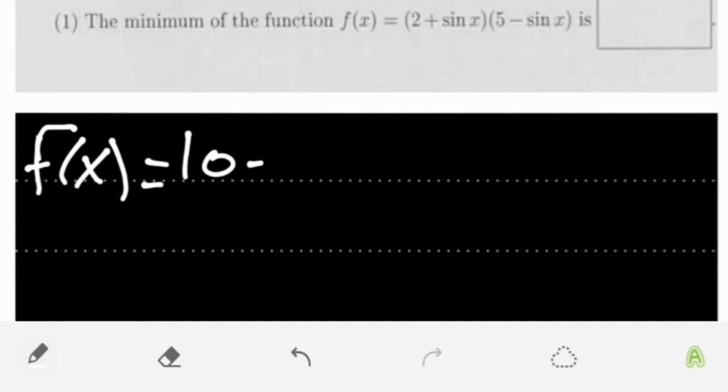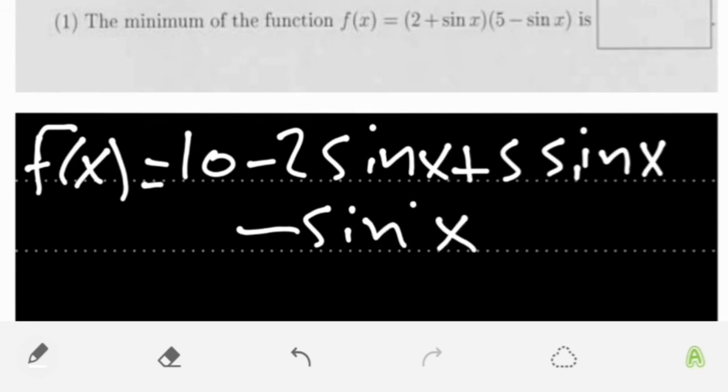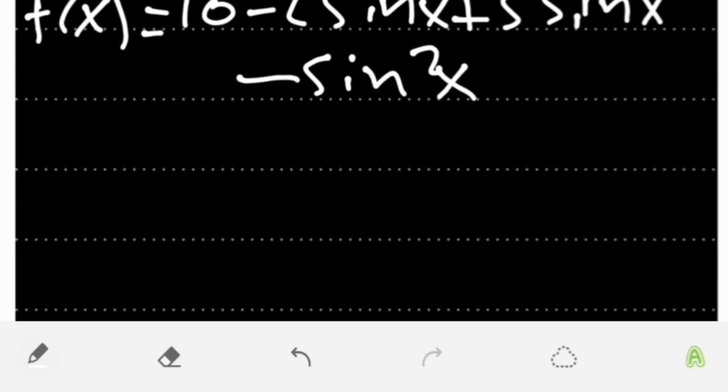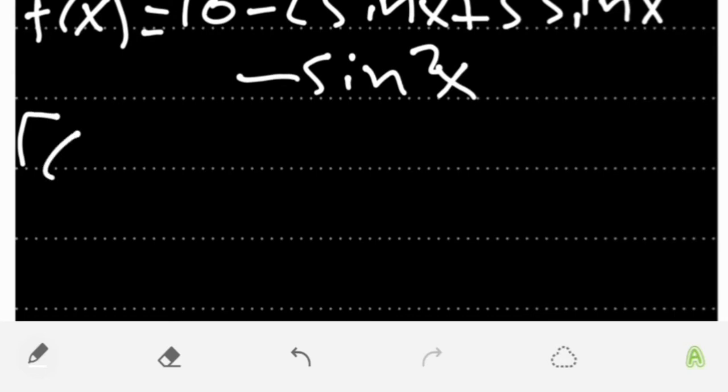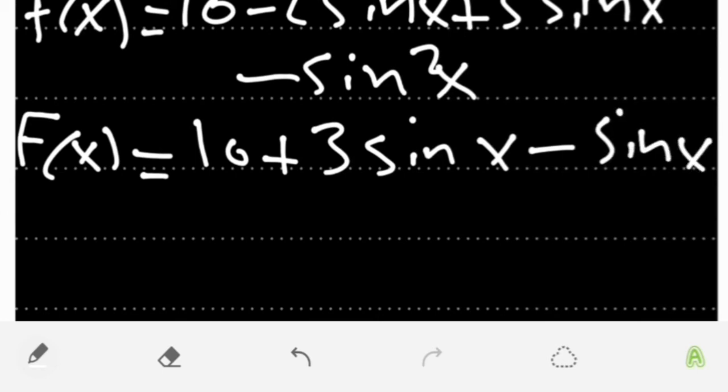So I'm going just to do it step by step. 2 sine of x plus 5 sine of x, and then sine of x multiplied by minus sine of x is going to be minus sine of x squared, right? So f of x is equal to 10 plus 3 sine of x minus sine of x squared.